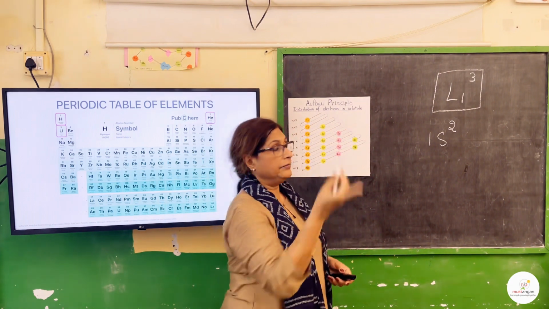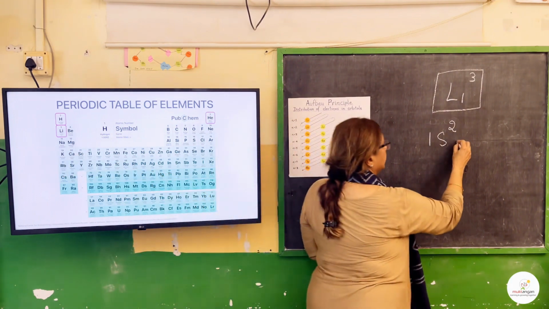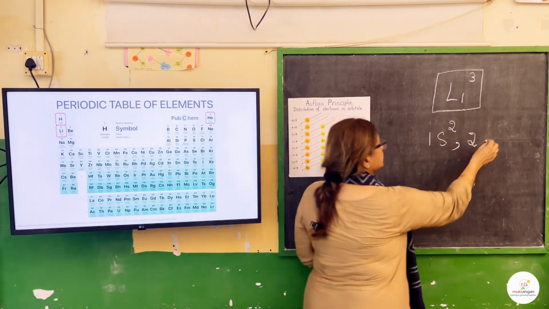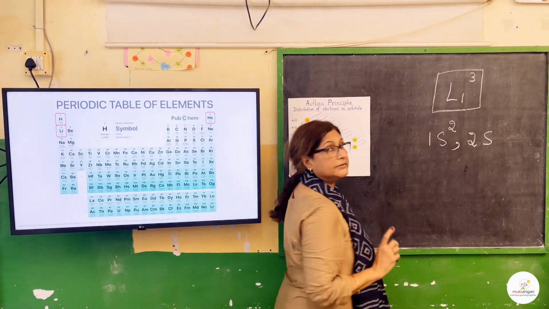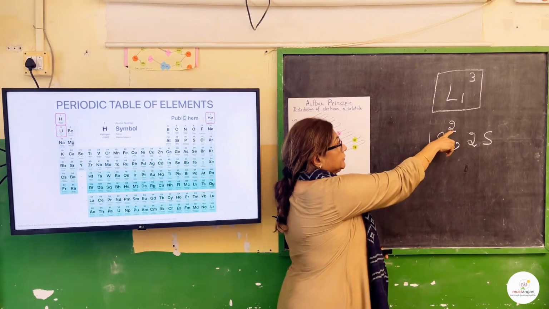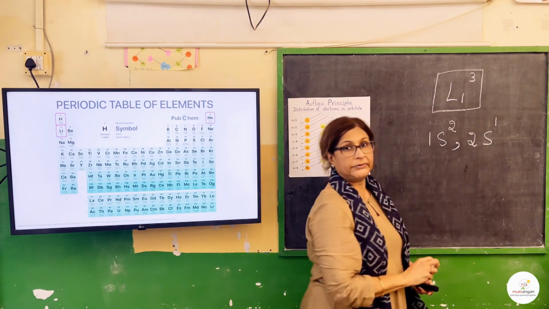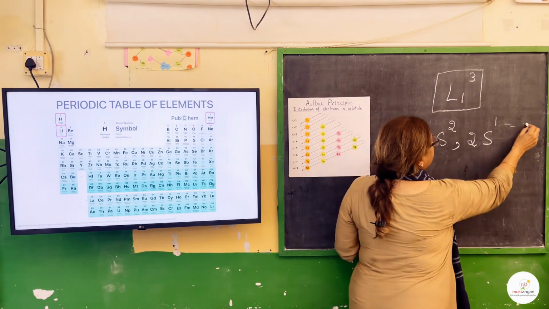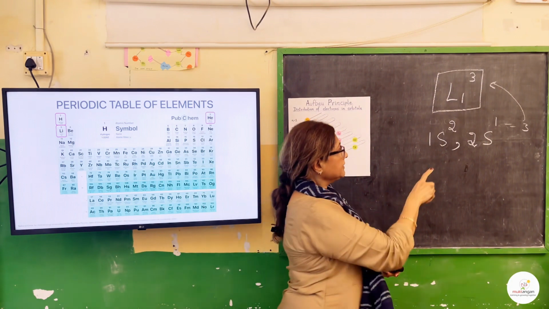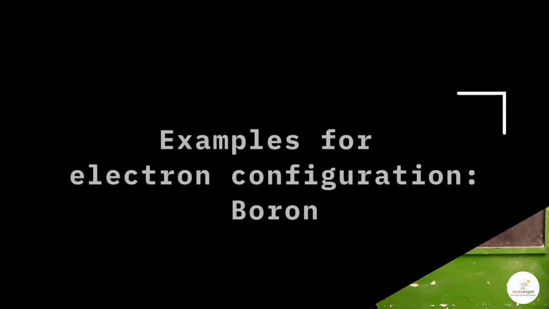So what do we do? We move on to the next period, period 2, still in sublevel S. And how many electrons are left here? 2 already in period 1, 1s2, and 1 extra, which will be 2s1. So 2 plus 1 is 3. So the total number of electrons here is 3, which matches the atomic number. So this is the configuration for lithium.